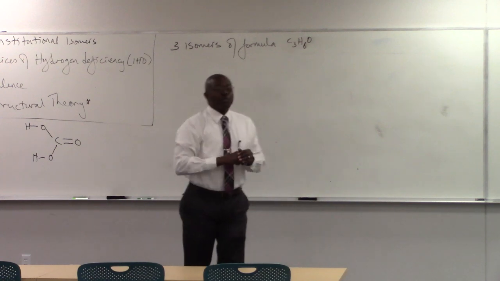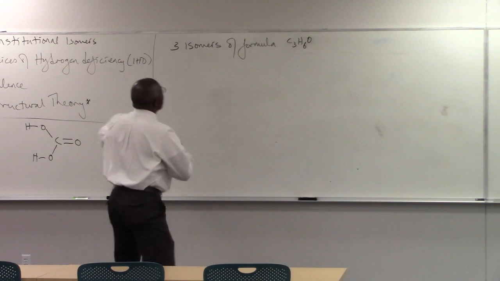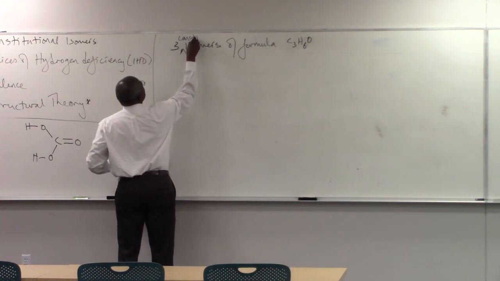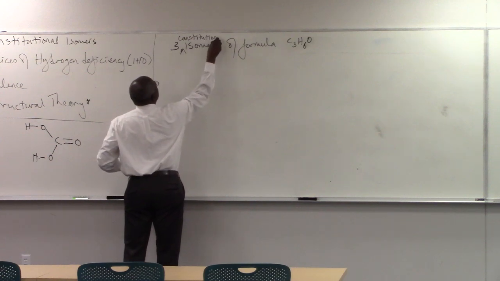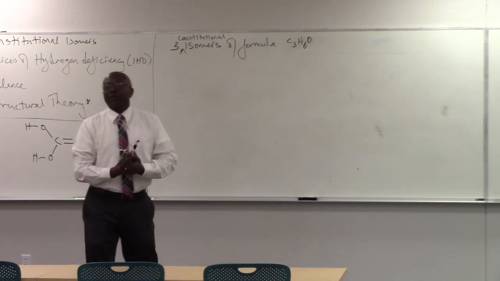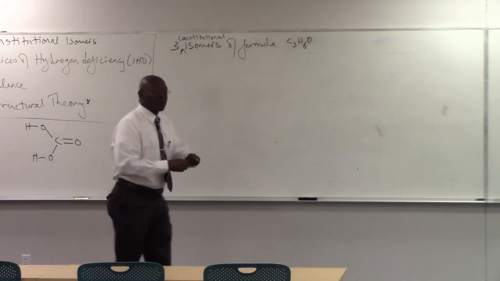So my question to you is draw 3 constitutional isomers of formula C3H6O. Okay? So I can decide, well, hey, let's do that the way we started.